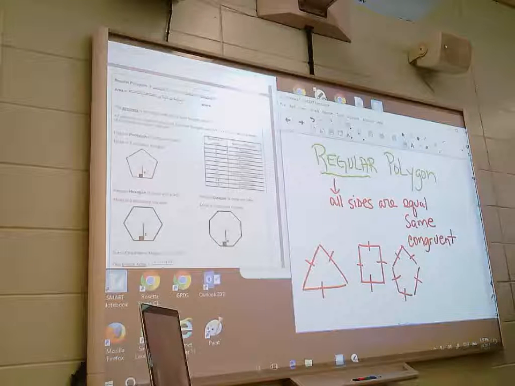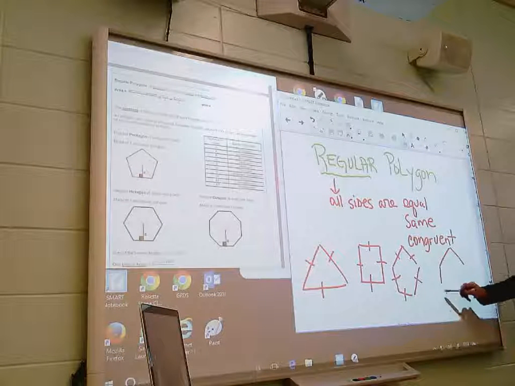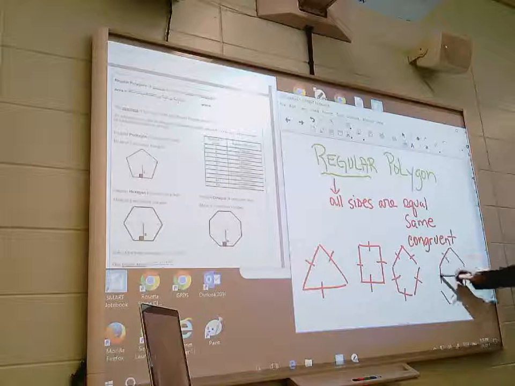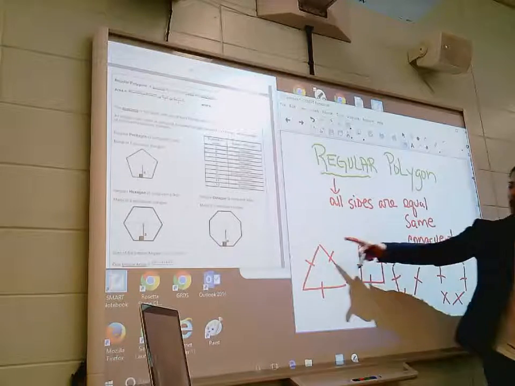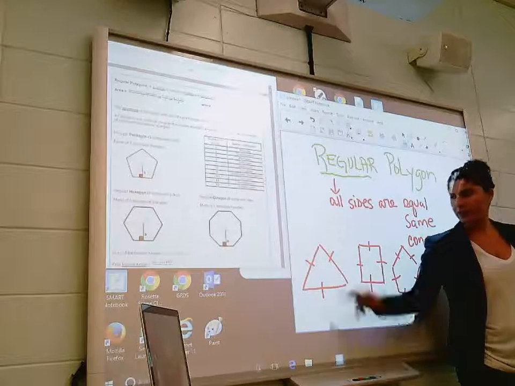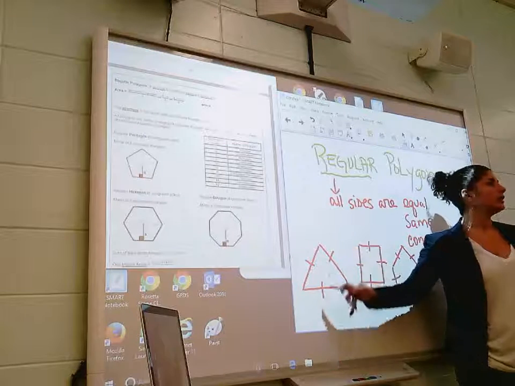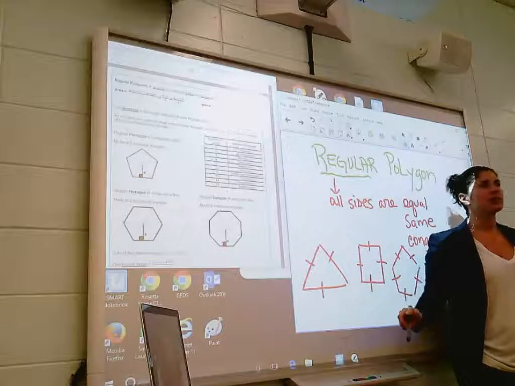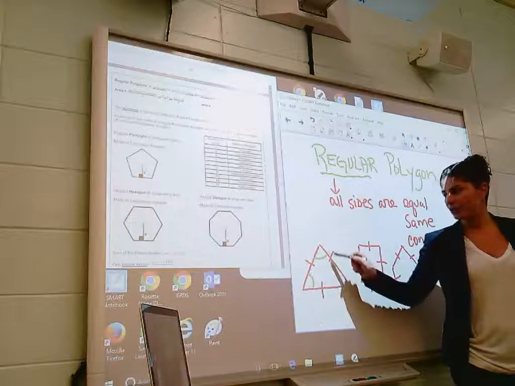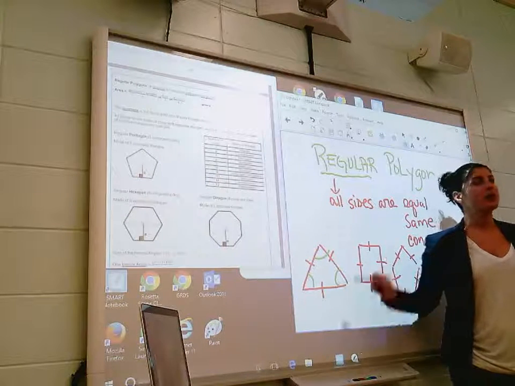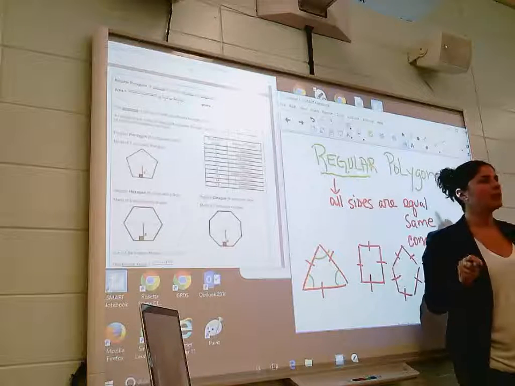Or if I do the hexagon, 1, 2, 3, 4, 5, 6, and tell you each side is equal. There's one more thing that you have to recognize that they all have. So their sides are all equal, and guess what else is all equal? Angles. The sides are all equal, which means that the angles are all equal. That's what makes it a regular polygon.